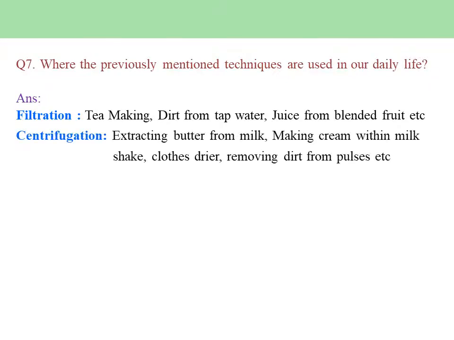Next we have centrifugation: extracting butter from milk. We discussed this one in the previous classes also. At home, from the milk, the cream or the layer of fat which we preserve in our refrigerators, after a certain point of time, we dissolve that inside water and we stir it.